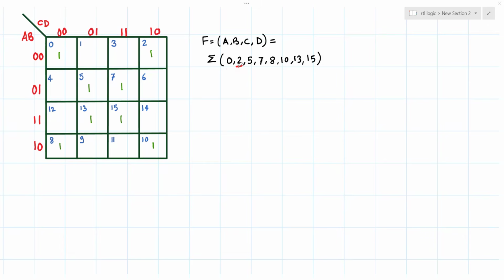Then I look for 2. In cell number 2, I mark 1. Then cell number 5, right here, I marked 1. Cell number 7, I marked 1. Cell number 8, I have marked 1. Cell number 10, I have marked 1. Cell number 13, I marked 1. And cell number 15, I again marked 1.